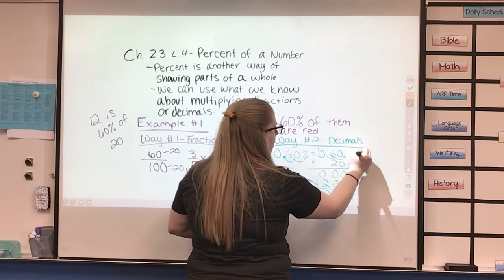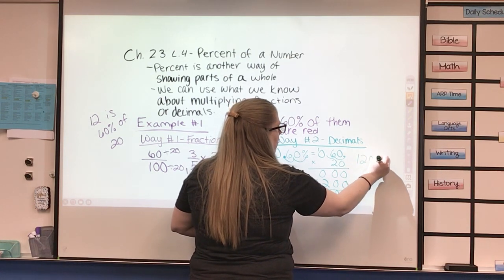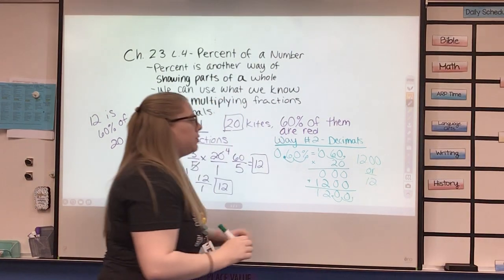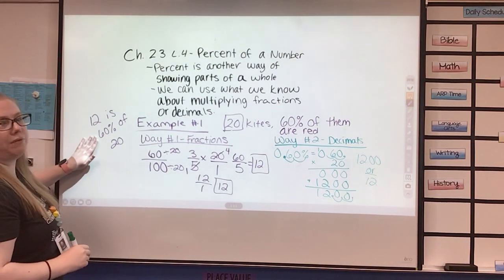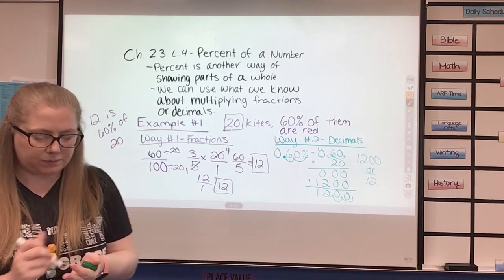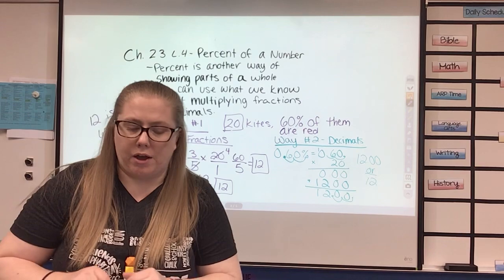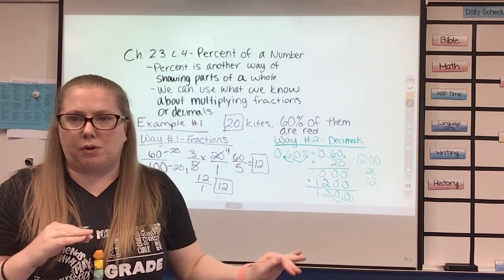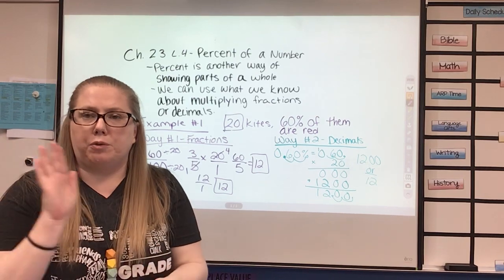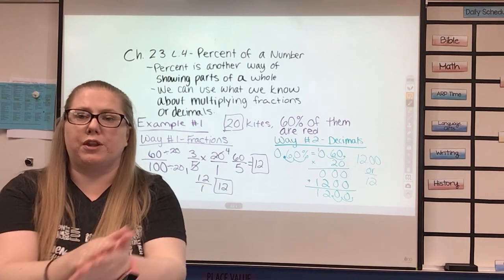So I have 12, 4, 12. So either way I did it, I got 12 is 60% of 20. And that's all you do. Okay, so I'm going to do another example just to be sure. And then if you are unsure of how to do this, please make sure that you ask questions.